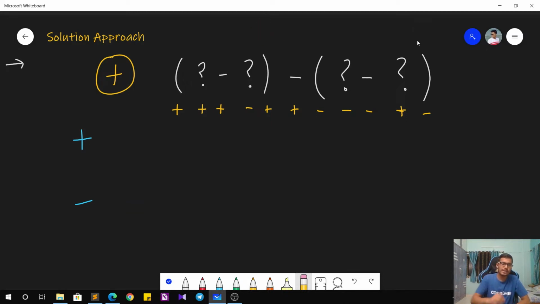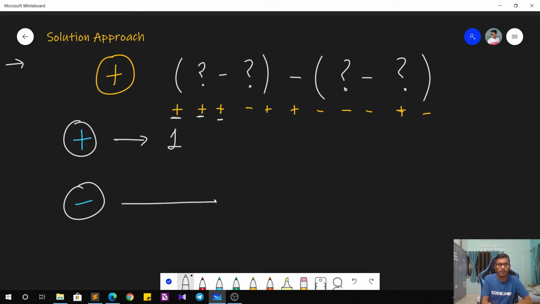Now what we have to do is, I have drawn a plus over here and a minus over here. Whenever we see that the current symbol has a plus sign, we will add 1 to the plus array. Whenever we see a minus sign, we will add 1 to the minus array.